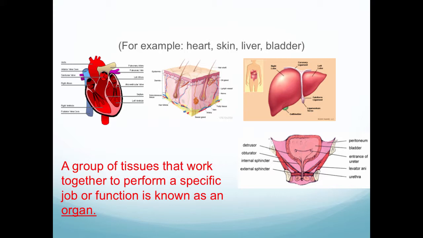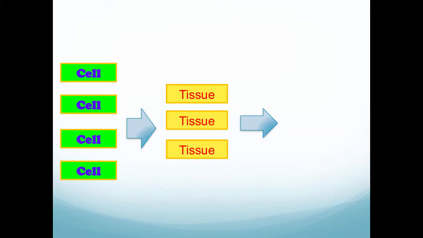Your heart, for example, is made out of cardiac tissue. Your skin is made up of epithelial tissue. Organs like your liver tend to be made up of smooth muscle tissue. So when you take a bunch of cells, together they make a tissue. When you take a bunch of tissues, together that makes an organ.